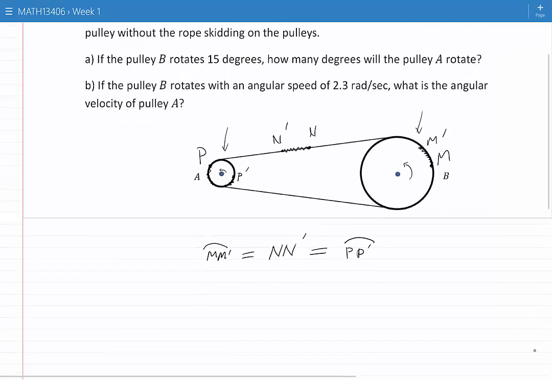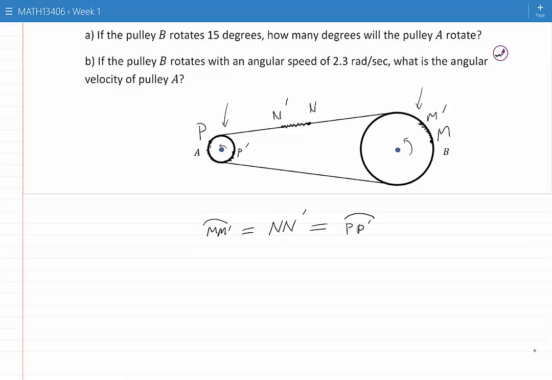Now, if we ignore NN prime, we will have that the arc MM prime is equal to the arc PP prime. This may not be obvious in itself. However, if you consider that both of the quantities are actually equal to NN prime, then it is easier to understand that these two quantities, MM prime and PP prime, are equal.